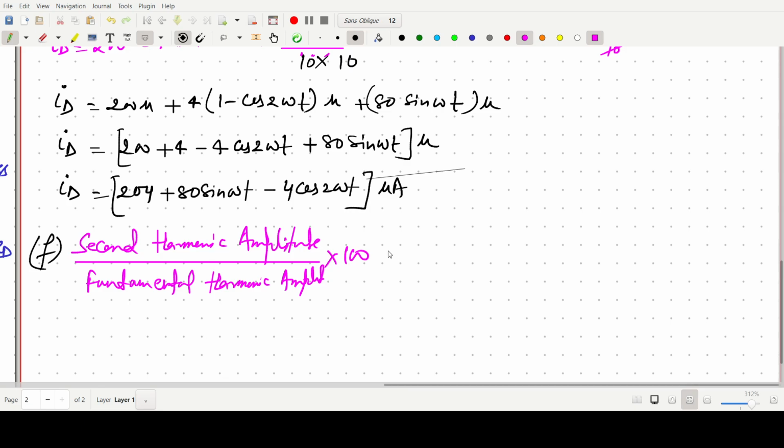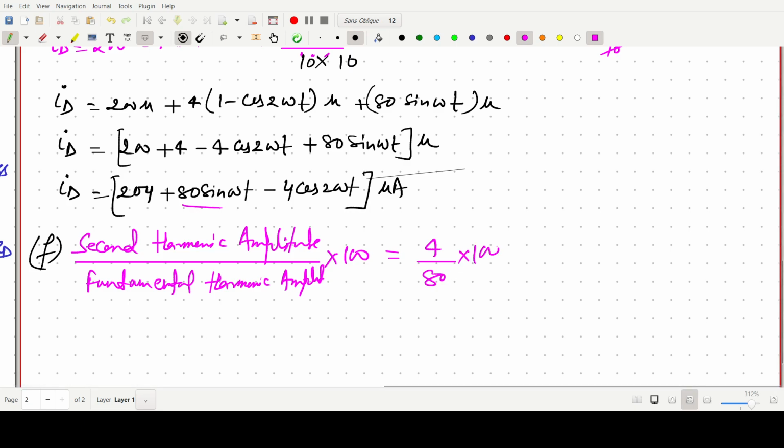So the second one is 4, amplitude 4, fundamental one is 80. No need to write 204, but we have to go for it into 100. So like that it should be 5%.